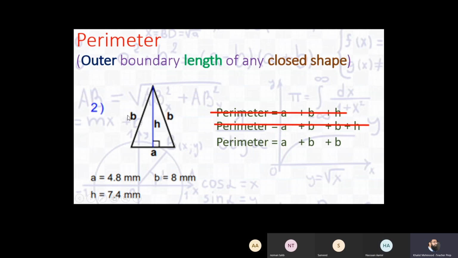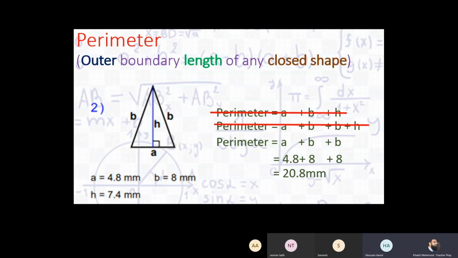In this one, two sides are equal. This is an example of an isosceles triangle. So we add these numbers and get the answer of 20.8 millimeters. Because the question was in millimeters, the answer will also be in millimeters.